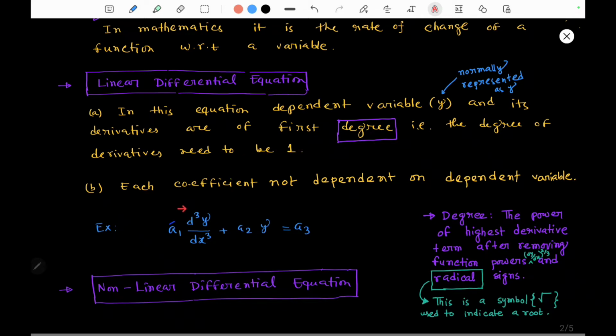In a linear differential equation, the degree means the power of the highest derivative term. Here the highest derivative is d cube y by dx cube, so the power should be 1, not more than 1.